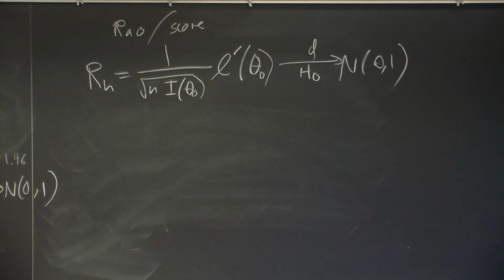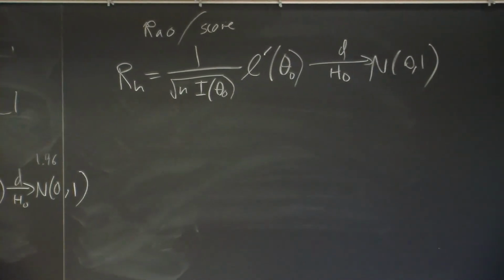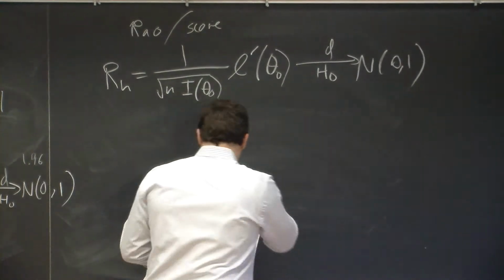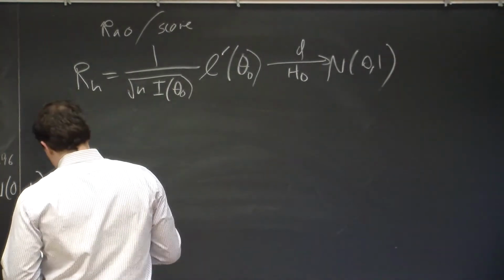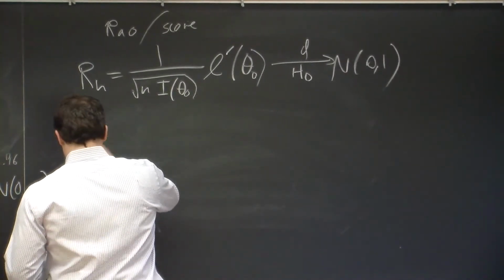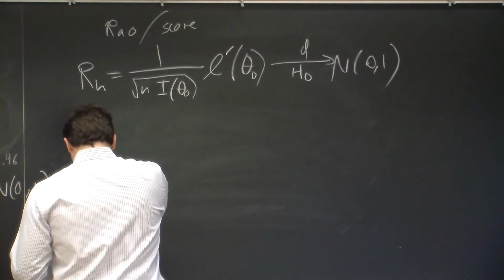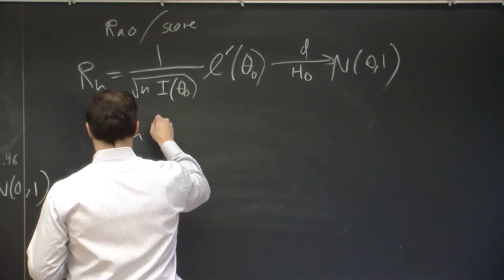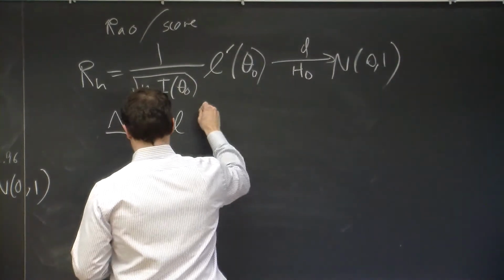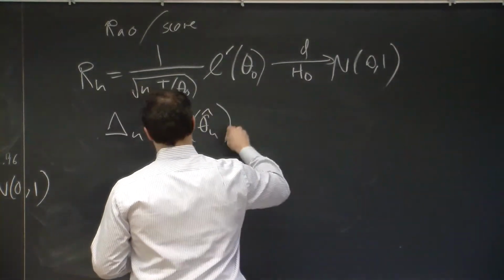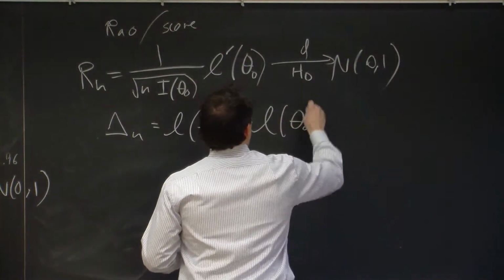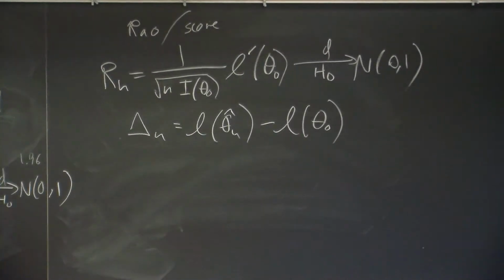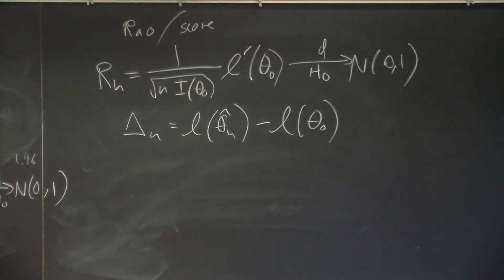The asymptotic calculation is a little bit more subtle for the likelihood ratio, and I won't go through it. But the idea is that we want to compare the likelihood at the MLE and the likelihood at the true value, or the null hypothesis value.